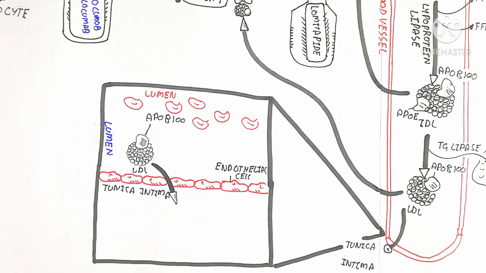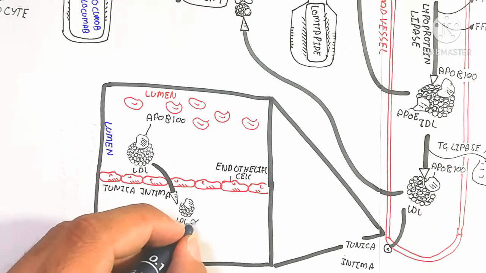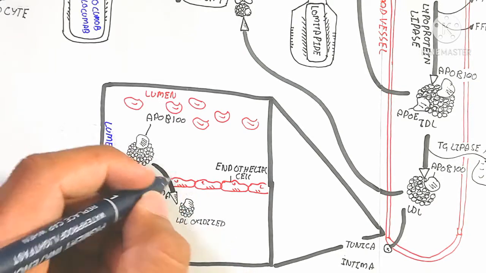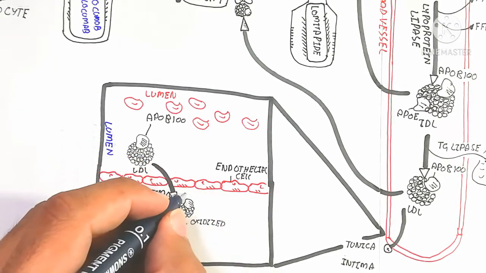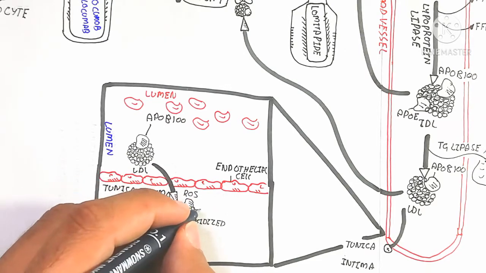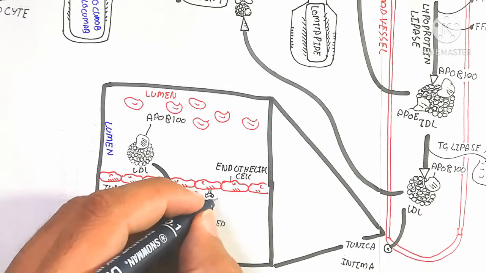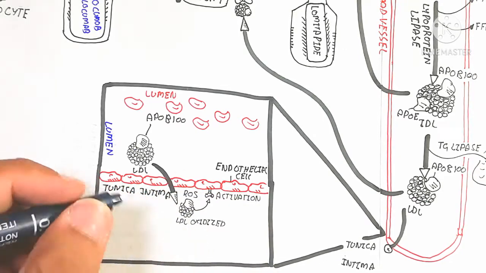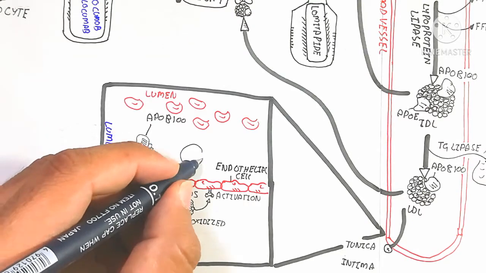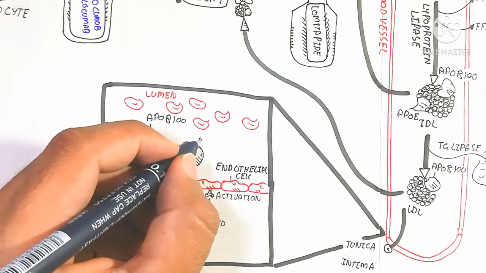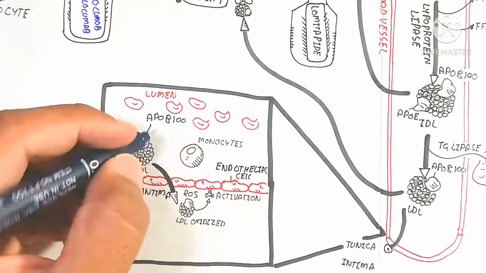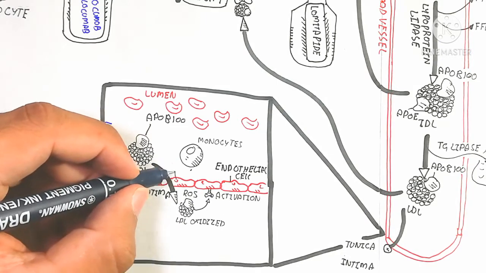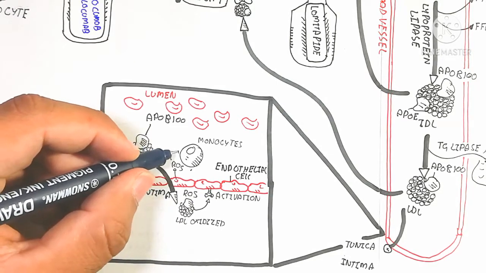Or the other problem is hyperlipidemia, another disease which can create these things. So this LDL will enter and become oxidized, and this oxidation produces reactive oxygen species, which stimulate the endothelial cell, and this endothelial cell will stimulate the monocyte to enter, which is part of the immune cells.